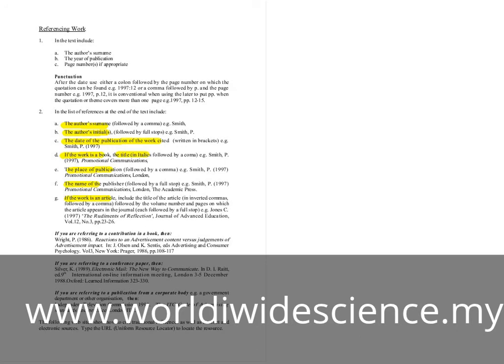Let's see: the author's name and initials, the year published, the name of the book, the publisher and so on. You see, this gives you examples of how you can make the list of references.